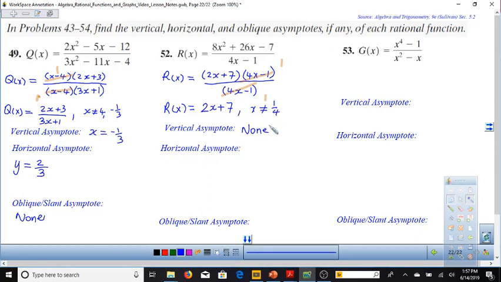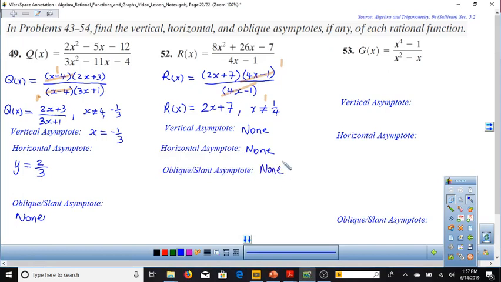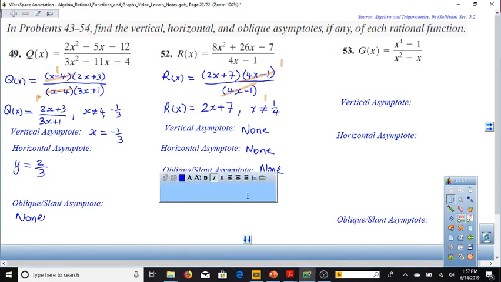So there is no horizontal asymptote either, and there is no oblique asymptote. All we're dealing with here is a straight line with a hole at x equal to not -1/4, sorry, 1/4.